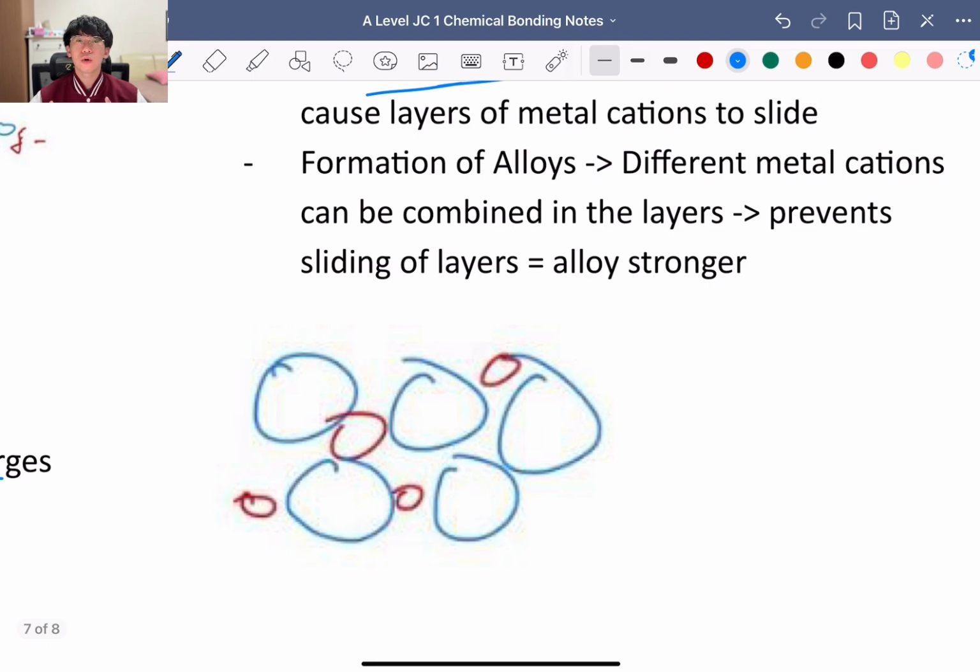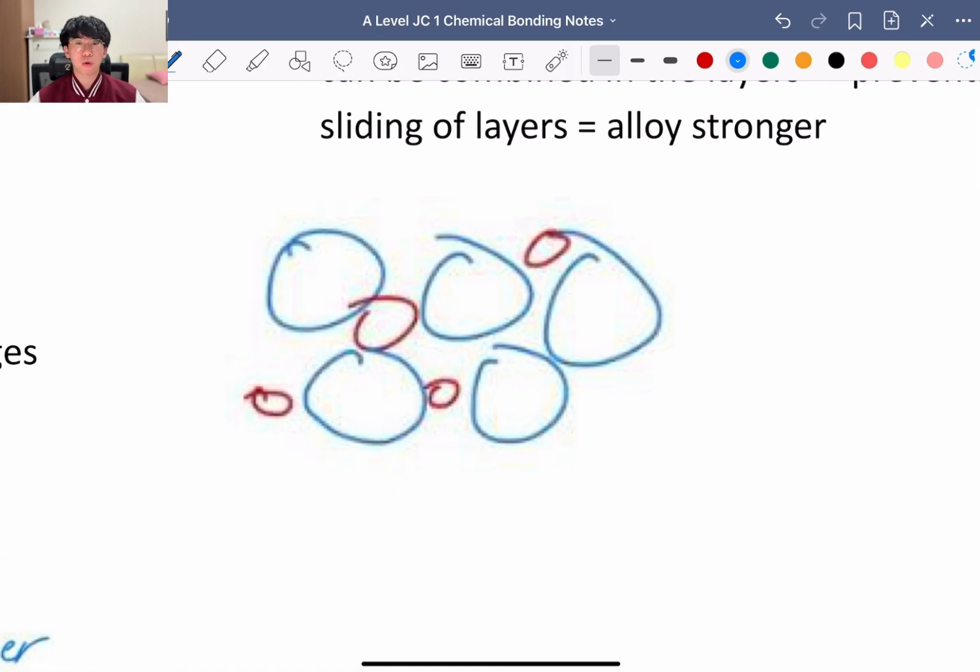And they also form alloys. So alloys are basically a mixture of two different metal cations or types, or it can be 2 or 3 or maybe even more types of metal cations. And because of that, you actually make the material harder and stronger. Because if you look over here, in blue is one metal ion and in red is another metal ion.